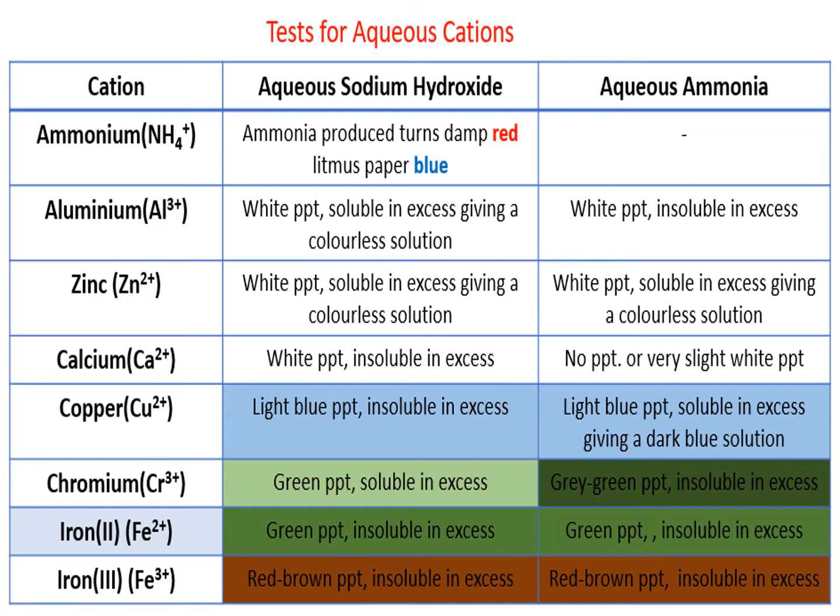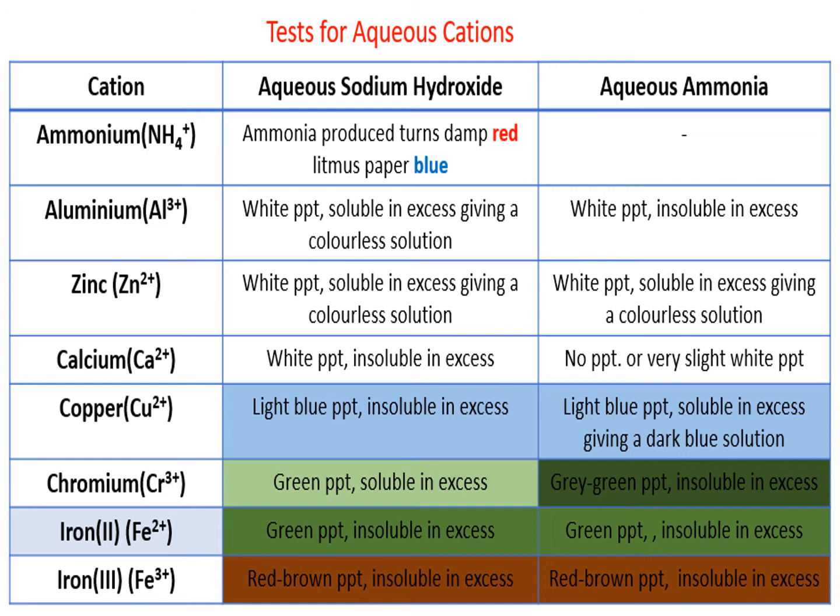Chromium ions, on adding a few drops of sodium hydroxide, give green precipitates which are soluble in excess. And in case of aqueous ammonia, grey-green precipitates are formed which are insoluble in excess. When we test iron 2 ions, we get a green precipitate, insoluble in excess. On adding aqueous ammonia, green precipitates which are again insoluble in excess.